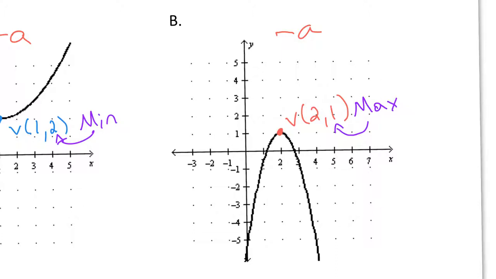Now in parabolas, you also have the axis of symmetry and the y-intercept. So let me just show you guys what that looks like. And the axis of symmetry is just a vertical dashed line that's going to cross the vertex of the parabola. So I know the vertex is 2, 1, and I'm just going to draw a dashed vertical line right here. And that's going to be my axis of symmetry.